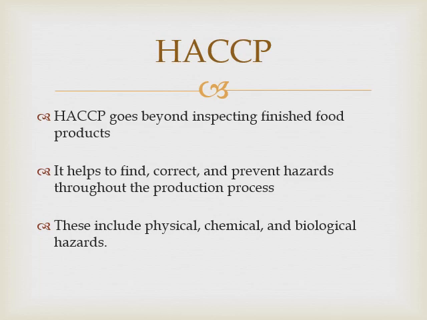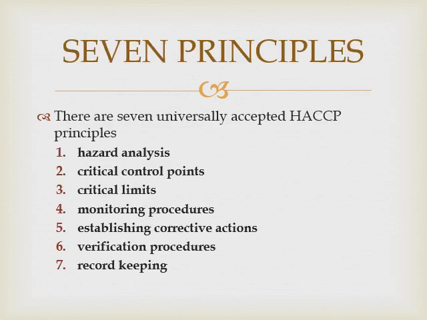We want to be able to catch that so that it's not consumed by someone. There's 7 major steps. I'm not going to go over that lesson in that detail, but you could look at it, look at some of the scenarios. I usually have a couple of scenarios on the final exam.